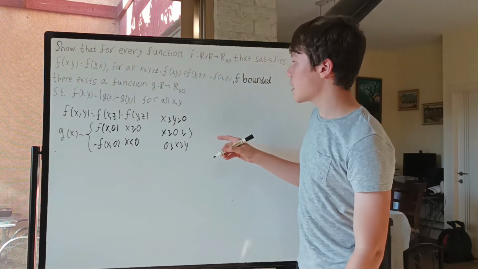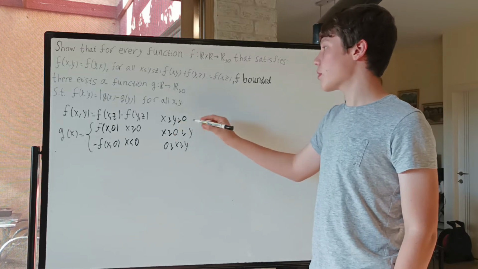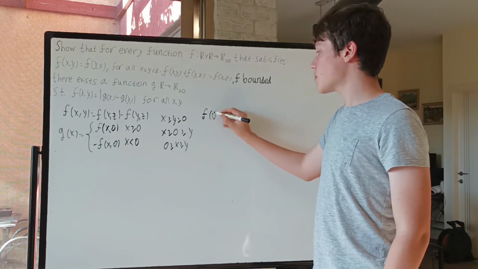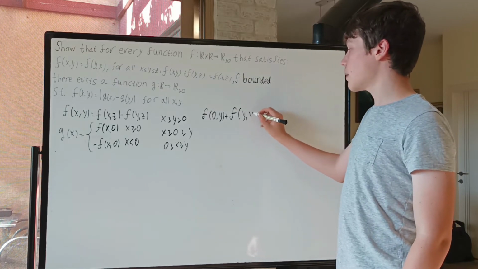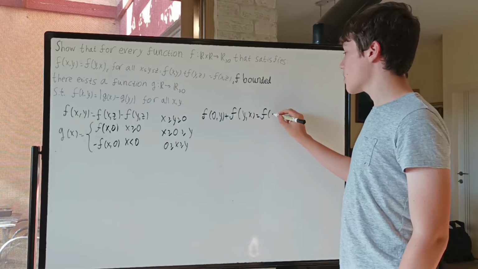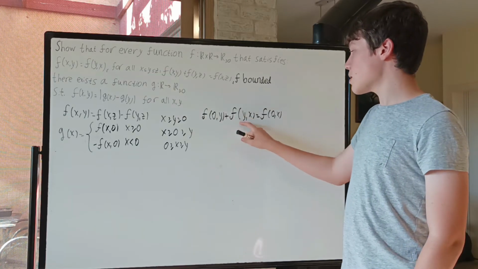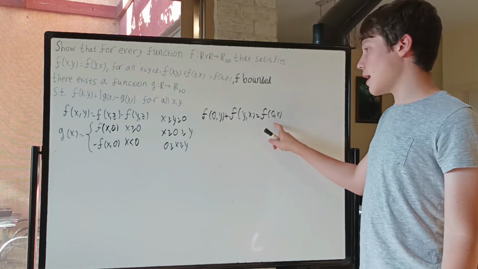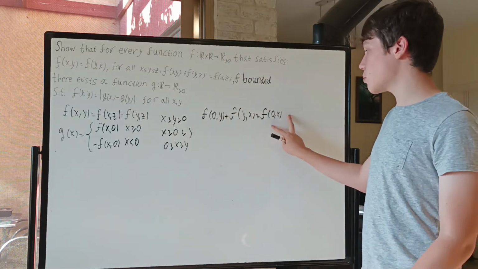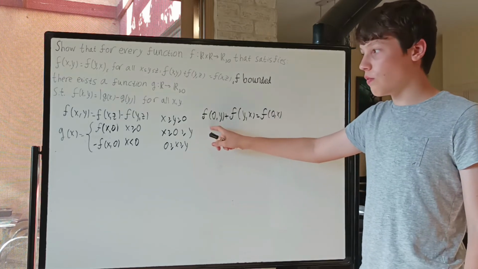For the first case, we have 0 smaller than or equal to y smaller than or equal to x. So f of 0, y plus f of y, x equals f of 0, x, right? This is f of x, y, since x and y are interchangeable, and because they're interchangeable, again, this would be g of x, and this would be g of y, right?